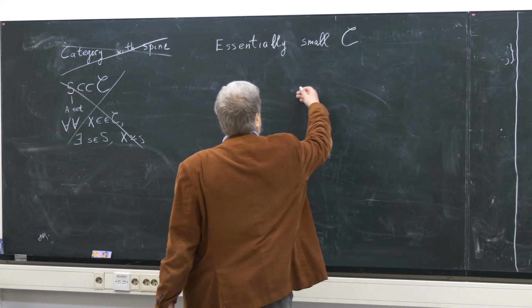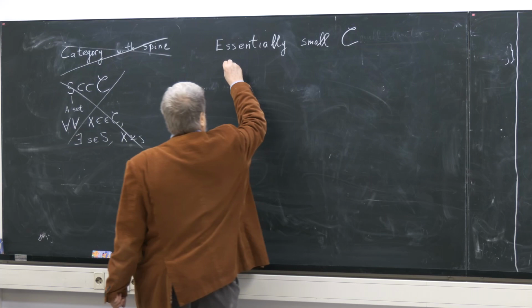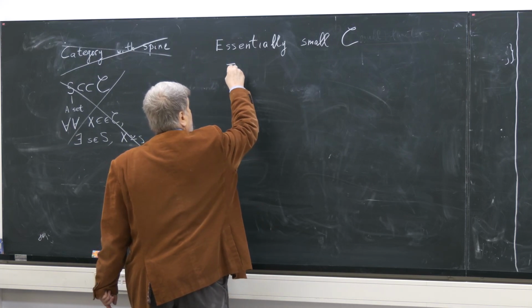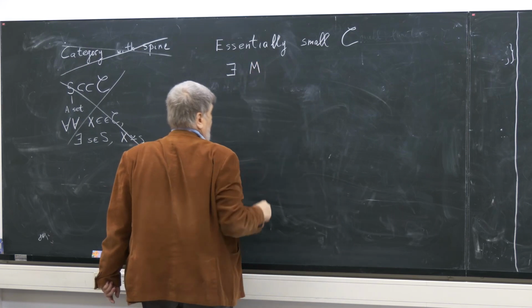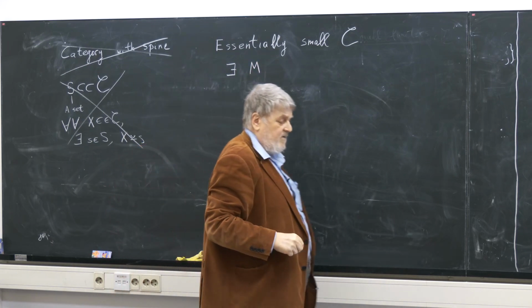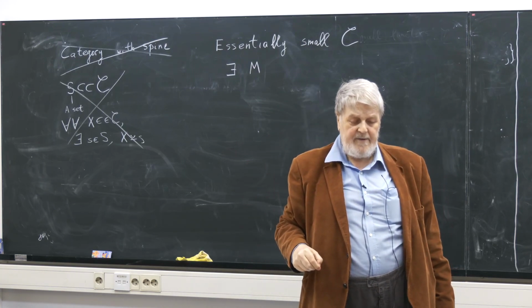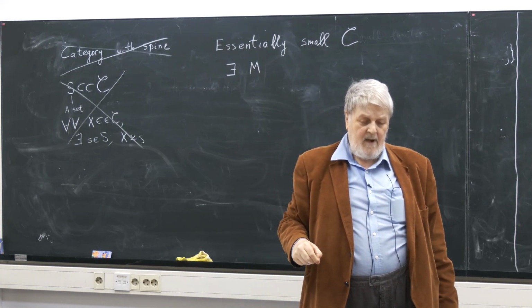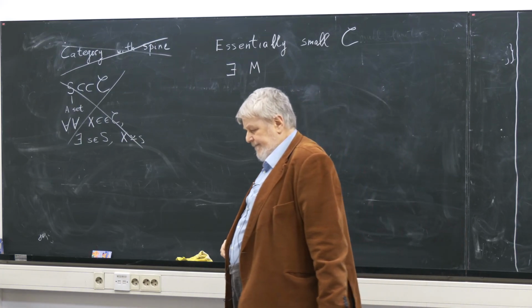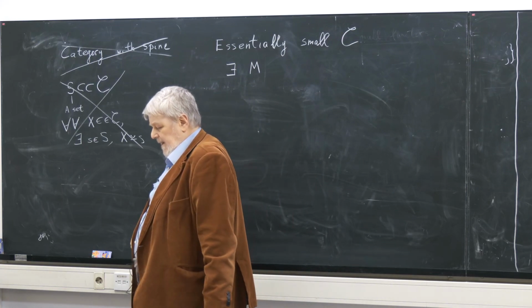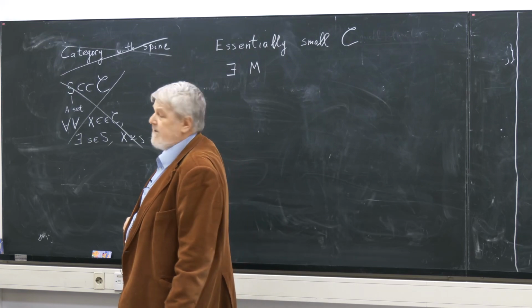And it means that there exists, separately from the category, a set M. Just now I confess why I prefer this letter to all the others. In algebraic geometric considerations, sets like I'm going to define are going to be the moduli spaces.